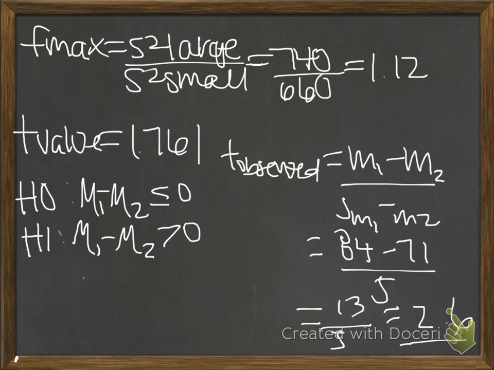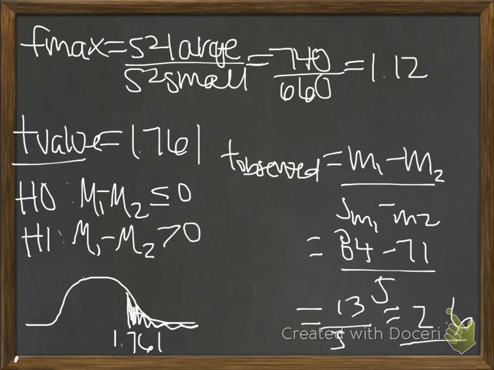Now we can draw a little bell curve just to get a visual. Our critical region is going to be here, shaded this way, and then we take our t value, 1.761, and see if we are going to reject or fail to reject the null hypothesis based on our t observed compared to our t value.